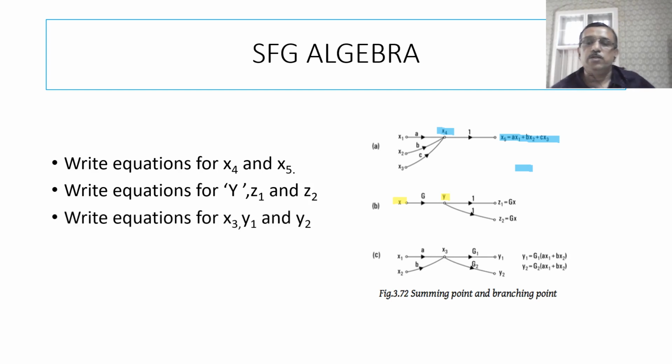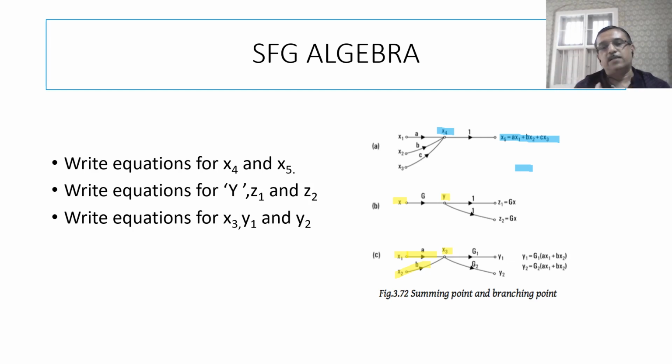So what about this? This is interesting. So x3, y1 and y2. This is x3. What is x3? A into x1 plus B into x2. You remember I emphasized in the last slide, if you have a node and many signals are coming to that node, it adds up all that.